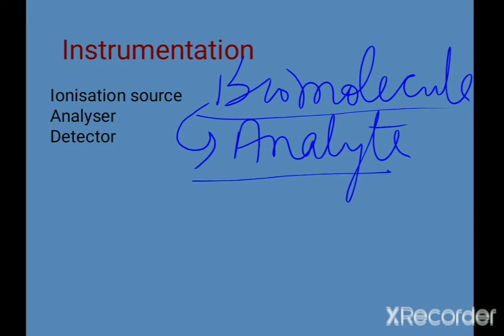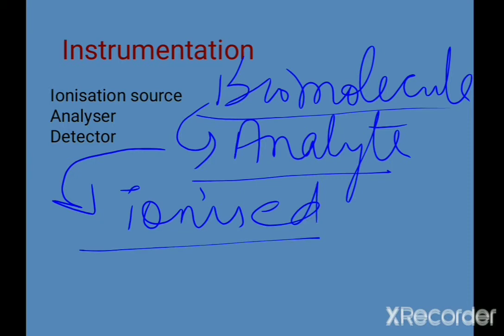So this analyte is ionized first, and for this, ionization sources are required. These ionization sources convert these biomolecules into gaseous ions, and when the biomolecules take on charges, they either gain or lose a charge, that is through electron ejection or protonation or deprotonation.